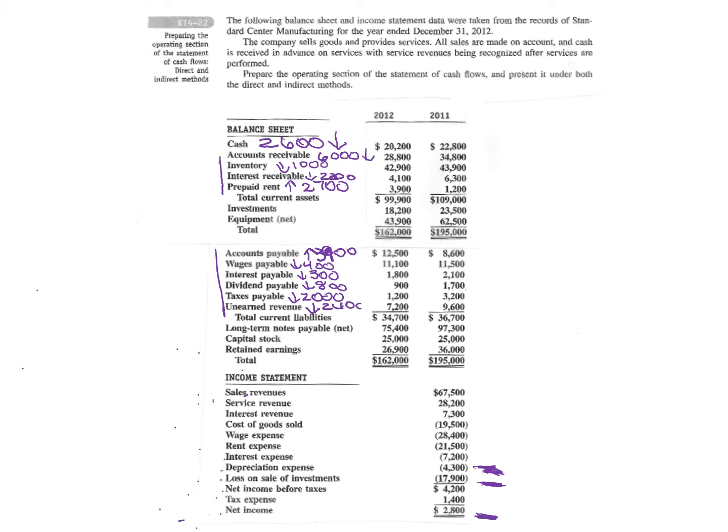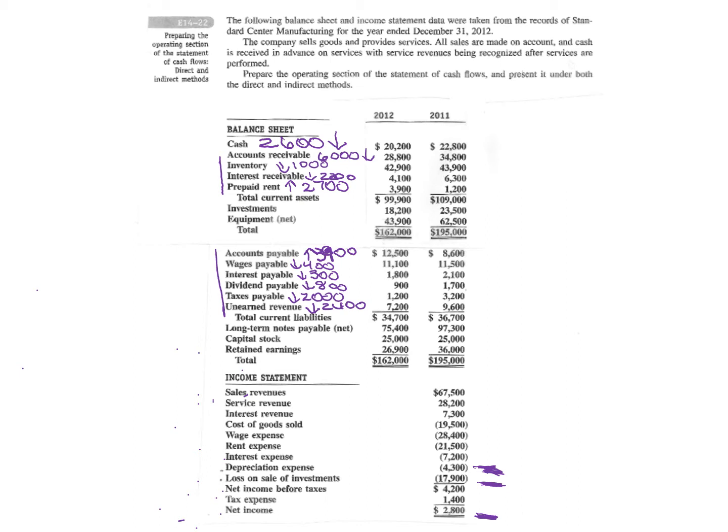And we know that in current liabilities, there's the same relationship. So if accounts payable or any current liability goes down, cash went down. If the current liability goes up, cash goes up. So that's our first part, and from all of this information, we can find the cash from operations.